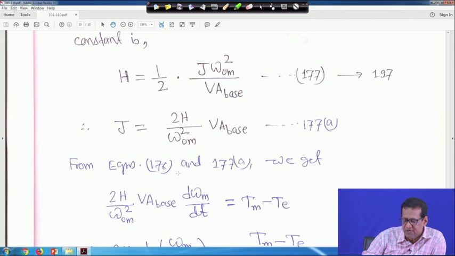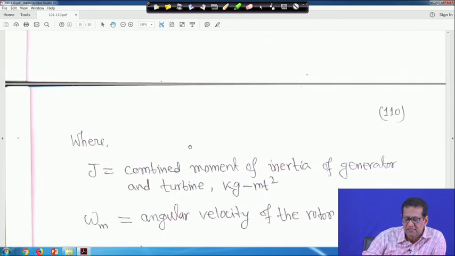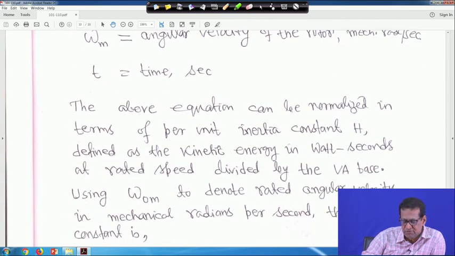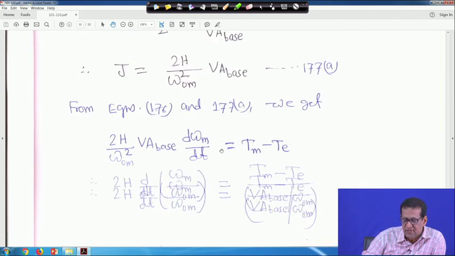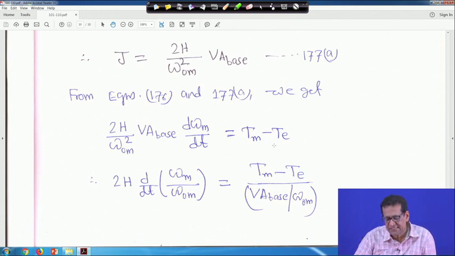So, from equation 176 and 177a, you substitute this J value in 176. If you do so, you will get 2H upon omega 0m square volt ampere base into d omega m by dt is equal to T m minus T e.